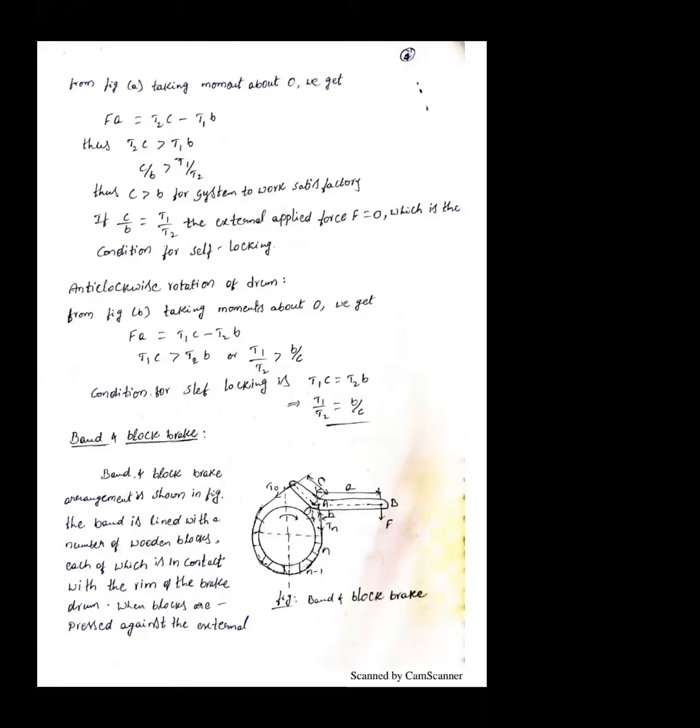All of you observe that T2C must be greater than T1B. From that, C by B is greater than T1 by T2.